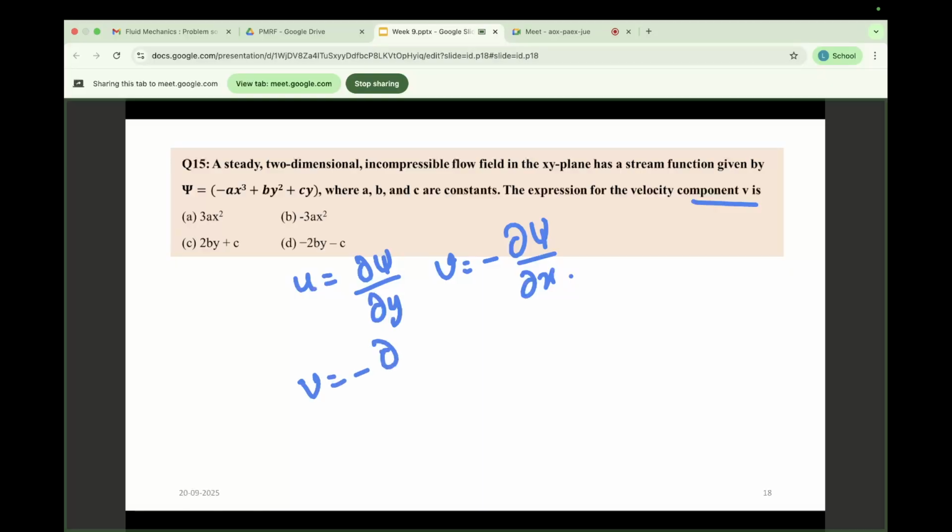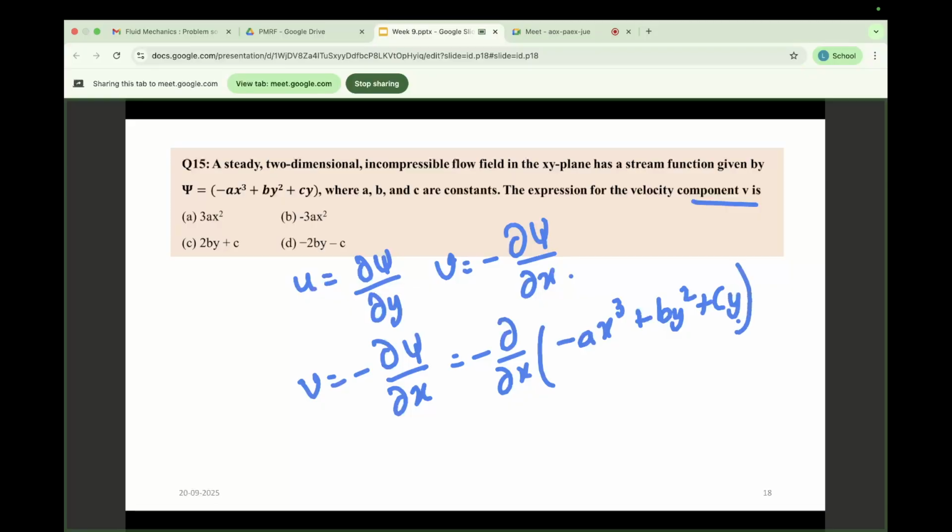I can write the derivative with respect to x of minus ax cube plus by square plus cy, right?